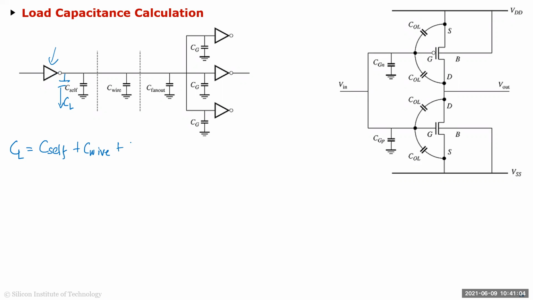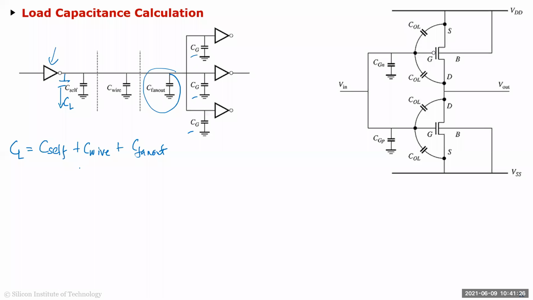And the C fan out is basically all the gate capacitance of all the gates you're driving from these inverters. So all these caps over here are captured in this C fan out. Okay, so that's your total cap.